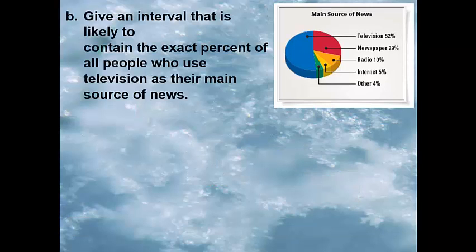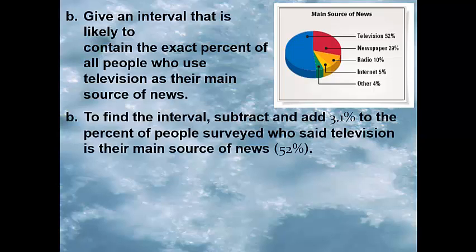B. Give an interval that is likely to contain the exact percent of all people who use TV as their main source of news. To find the interval, subtract and add 3.1% to the percent of people surveyed who said TV is their main source of news, 52%. So 52% minus 3.1% is 48.9%, and 52% plus 3.1% is 55.1%.